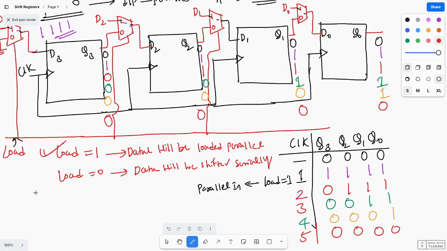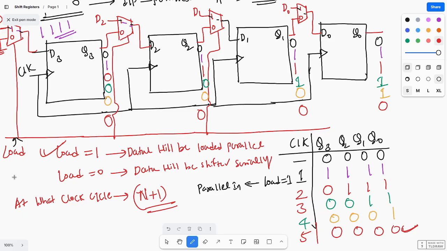So at what clock cycle the content of all the outputs of the flip flops becomes 0, you can write n plus 1. At fifth clock pulse the content of all the flip flops becomes 0.